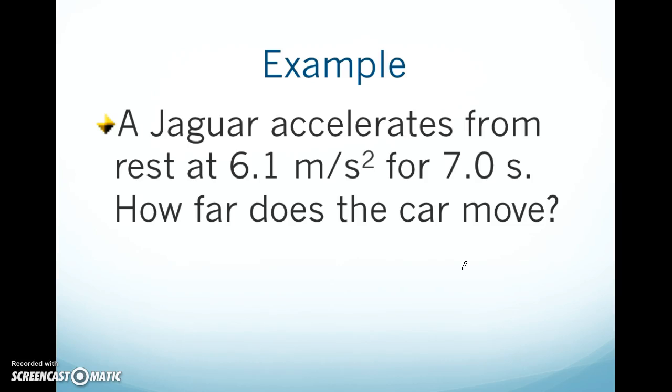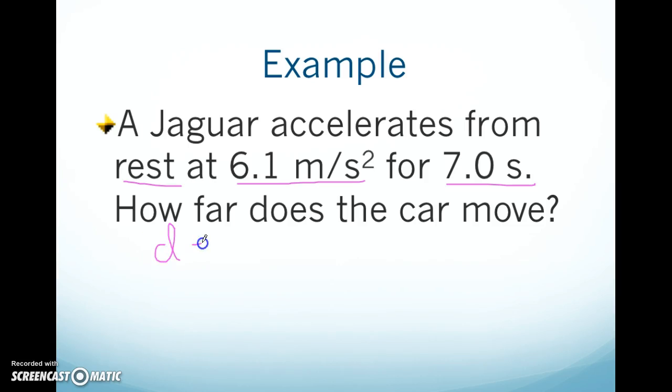And then the last but not least, we have this example. Jaguar accelerates from rest. All right, so how far does the car move? So I know the a, I know the time, I know the initial velocity. So I know v0, a and t, and I'm looking for d.